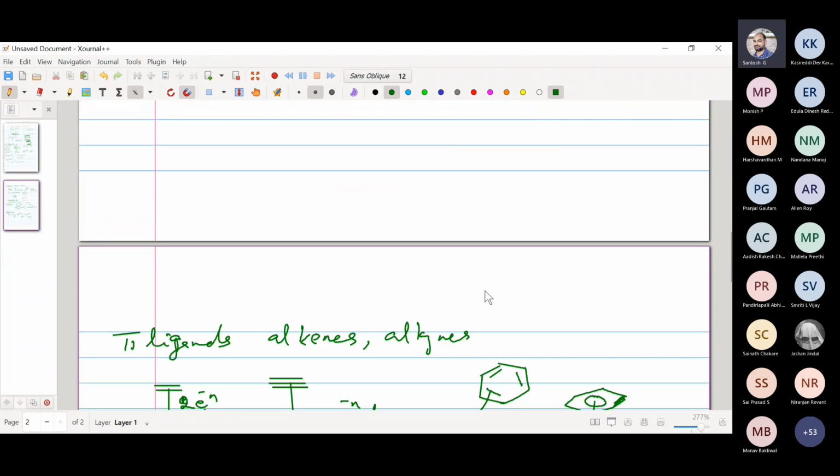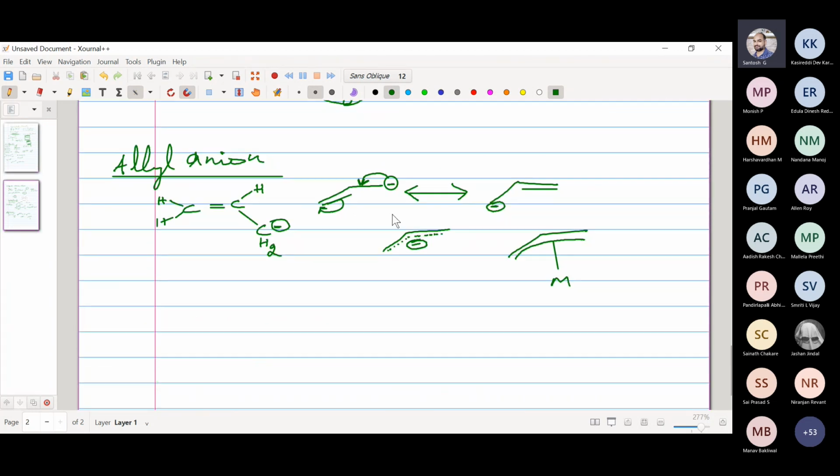Okay, another very famous ligand in the same category is what is called as the cyclopentadienyl anion. A little bit slightly more complicated, but the concept remains the same.